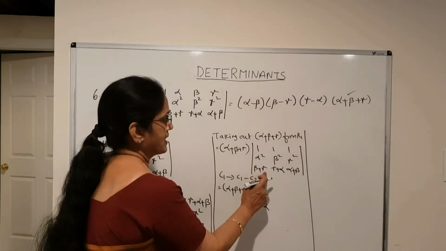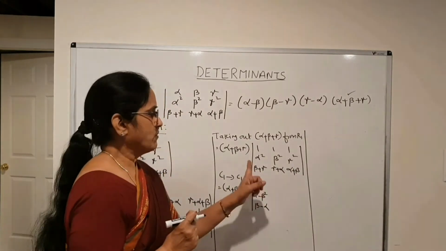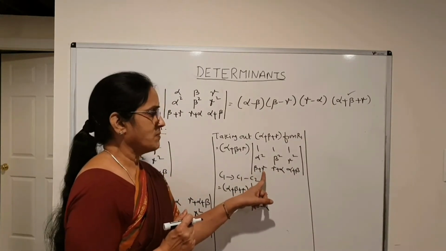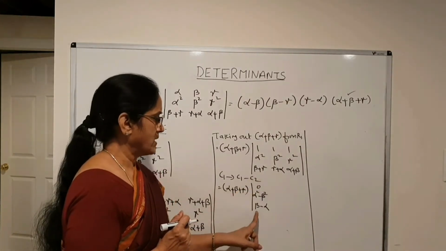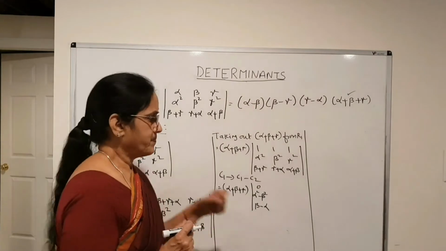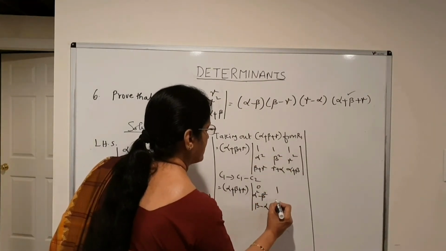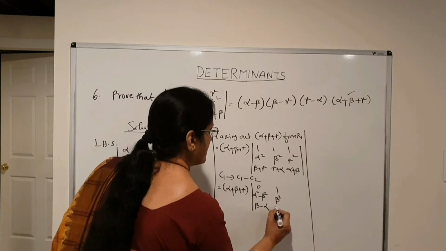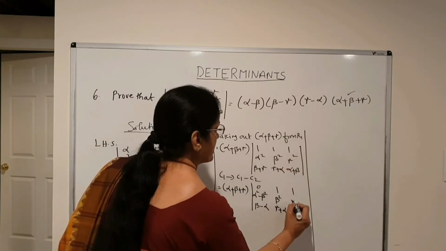Here, beta plus gamma minus of alpha plus beta. So when I open the bracket, plus gamma minus gamma will get cancelled. I will be left with only minus alpha, so beta minus alpha. Then the next column will remain the same: 1, beta square, gamma plus alpha. The third column also will be the same.